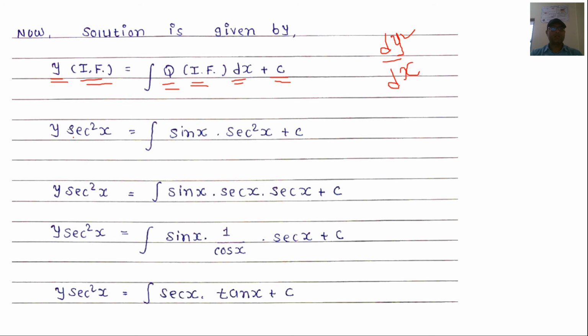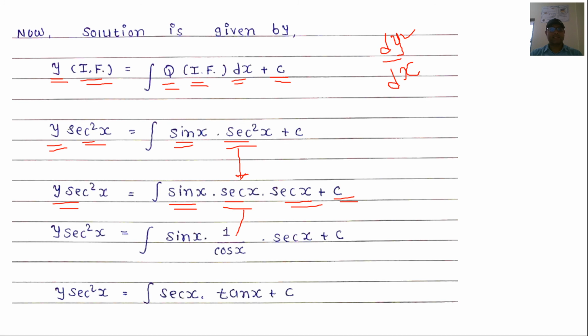Now put all the values: y as it is, integrating factor sec square x, integration sin x as it is, sec square x, plus c. Now keep the left hand side as it is. On the right hand side, sin x as it is. This sec square x can be split into two parts, sec x into sec x, plus c as it is.